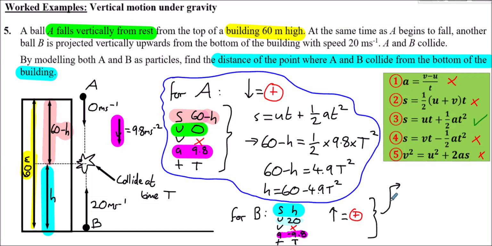So for B, again we don't know v, so we can use s equals ut plus a half at squared again. For B, s is going to be h, so we put h. u for B is 20, and our t is capital T, so 20T. a is minus 9.8 relative to B, so half of a is half of minus 9.8, which is minus 4.9.